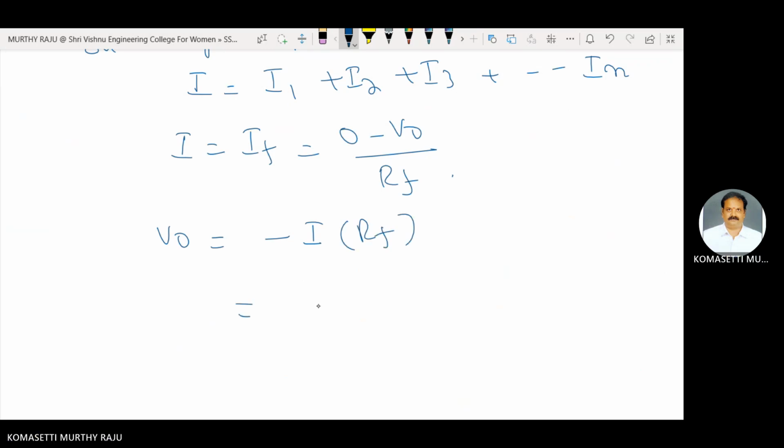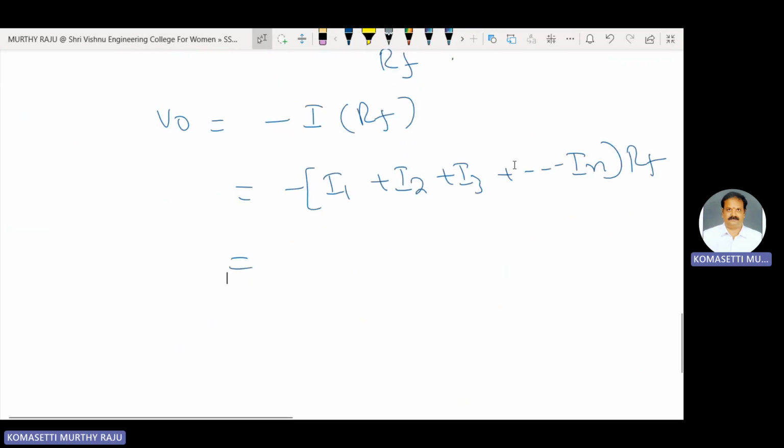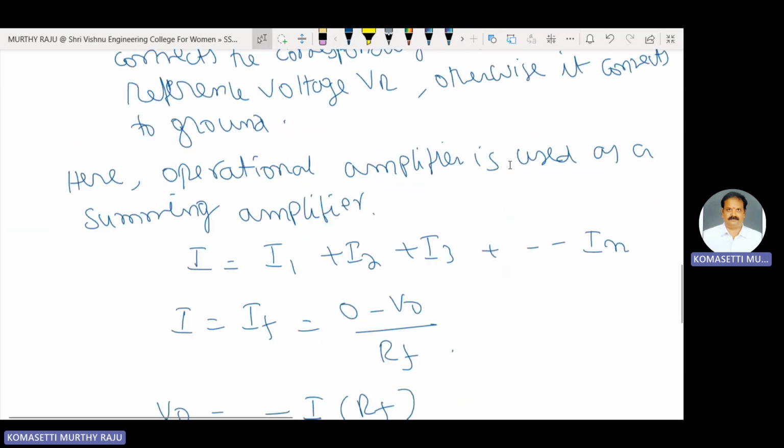RF. We know that I is equal to I1 plus I2 plus I3 and so on and so forth IN, into RF. How to determine I1, I2, I3 and so on and so forth IN?